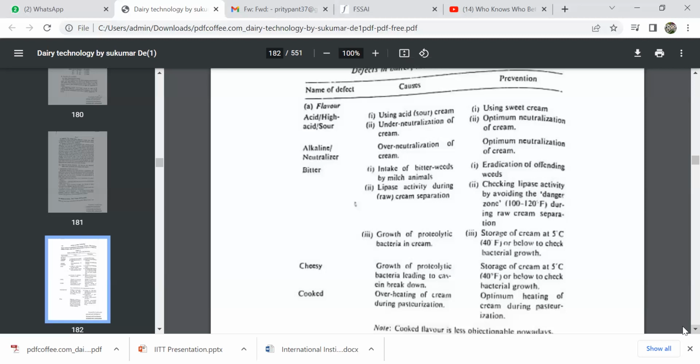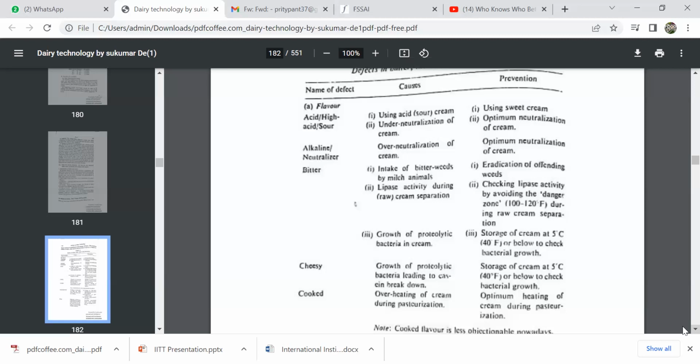neutralizer or bitter. It is due to over neutralization of cream, intake of bitter weeds by milch animals, or the lipase activity during cream separation, or it may be due to the growth of proteolytic bacteria in cream.